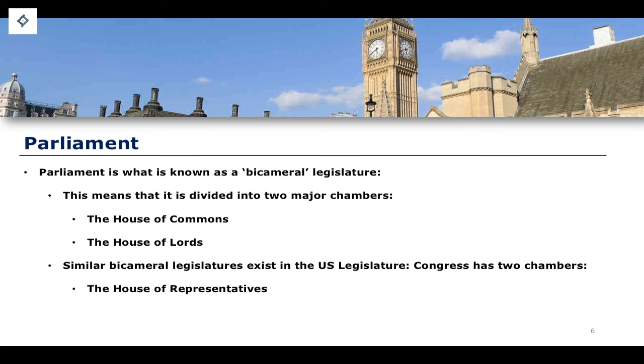It has the House of Representatives, and then it has the Senate. You can have situations where there are three chambers, something known as a tricameral legislature. I believe Spain, for example, has a tricameral legislature, or it might be Italy, or maybe both. But there are multiple different ways in which you can structure legislative branches. You can have some institutions that are unicameral, which have just a single chamber in which law is passed.